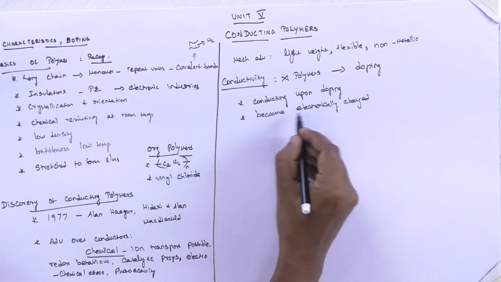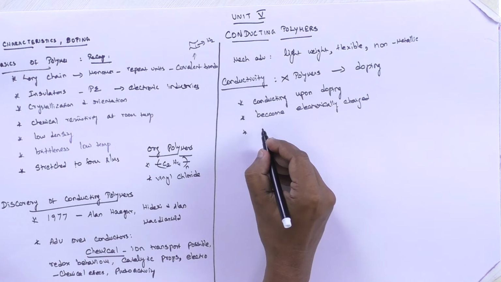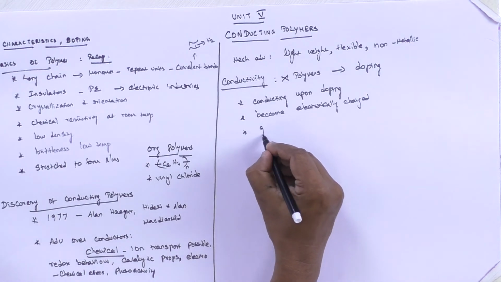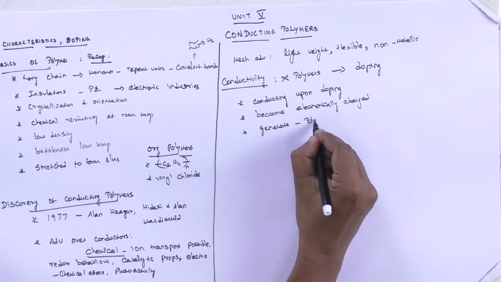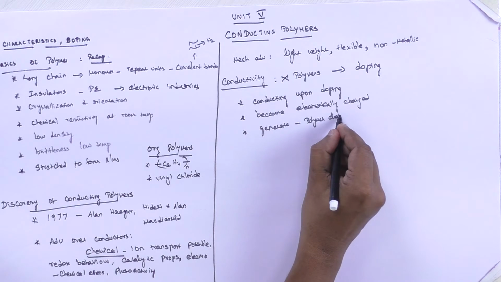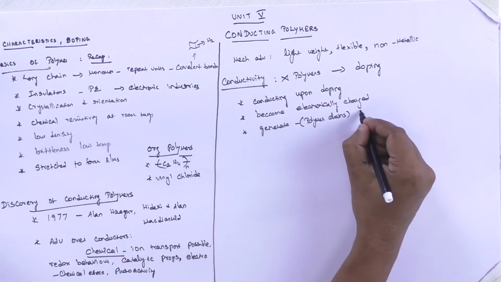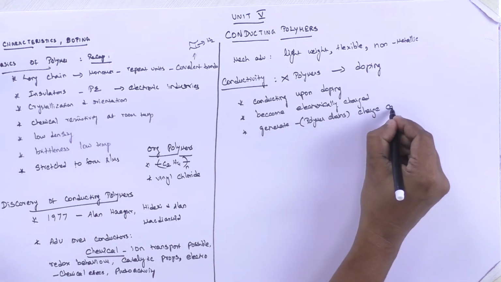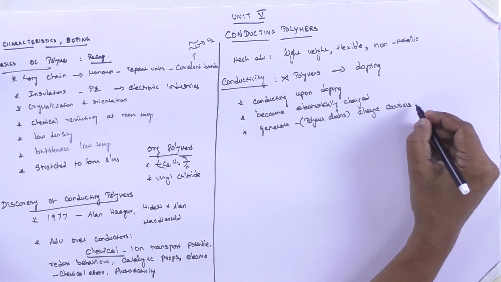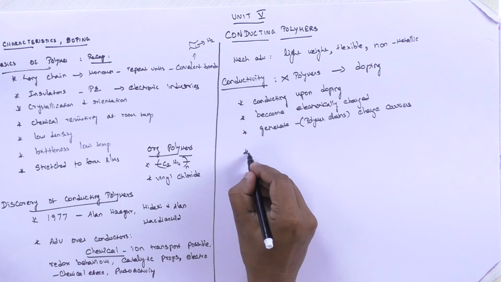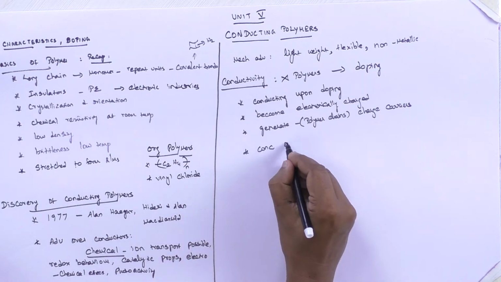These polymers become electronically charged, and the polymer chains generate charge carriers. It also depends on the concentration of the dopant.